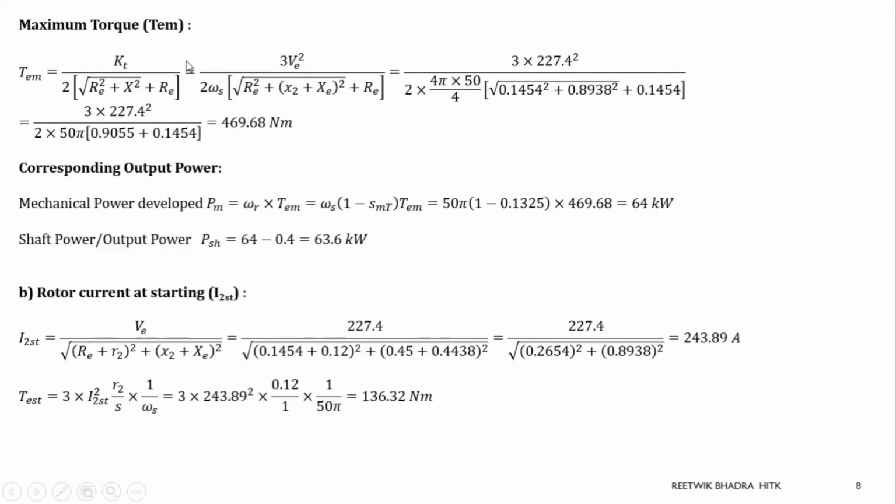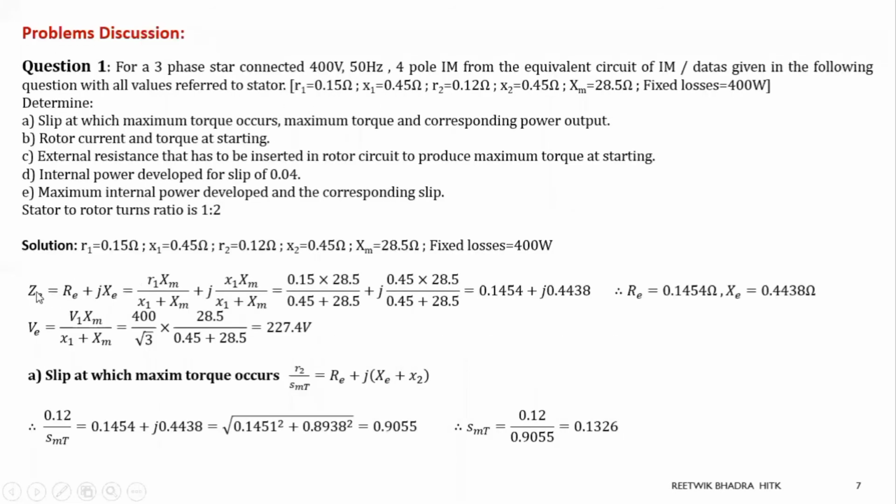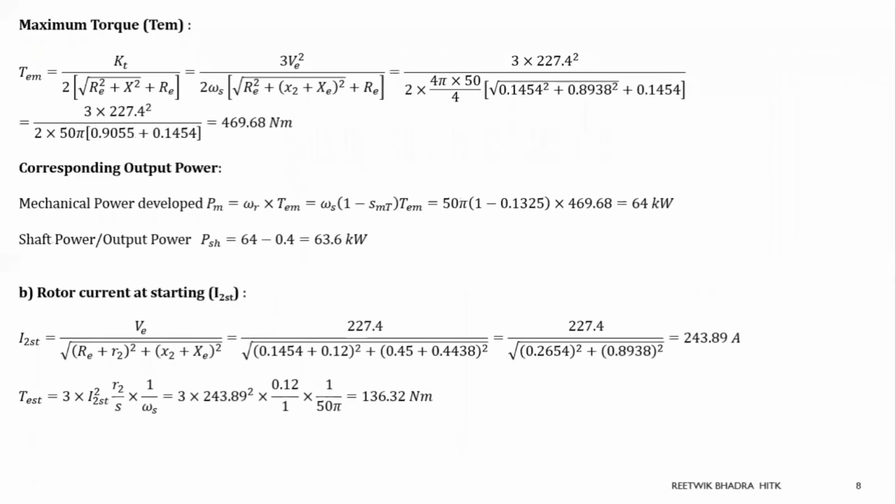You have to remember this equation. You are seeing that you have to remember this equation TEM. You have to remember ZE. What is RE, XC? You have to remember V. Then only all the solutions can be formed. Without equation, you can't solve your problems. So very important, if you are given to calculate torque, power, efficiency from equivalent circuit, all this formula should be remembered.